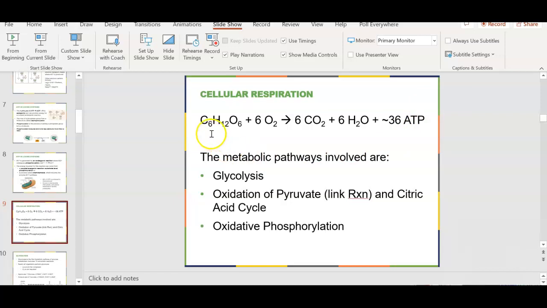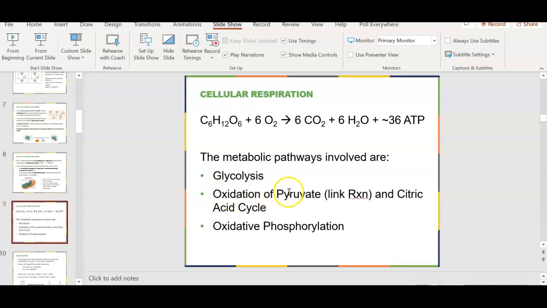So from one molecule of glucose, the cell can make about 36 ATP, which is pretty good. How we get there is a series of what I refer to as a 3.5 act play, where glycolysis is act 1, and that takes place in the cytoplasm or cytosol.